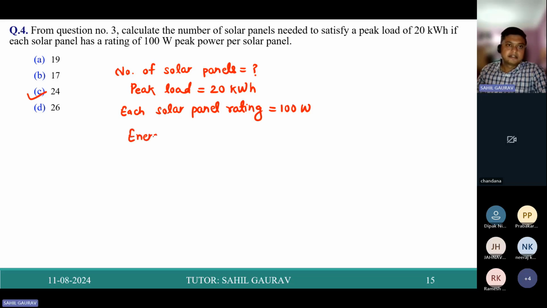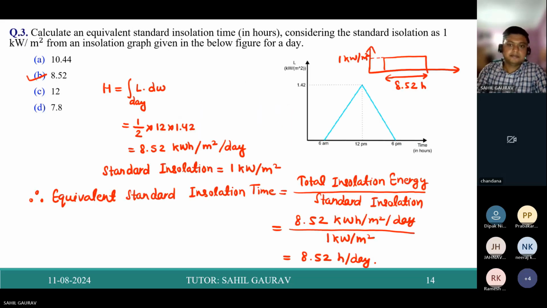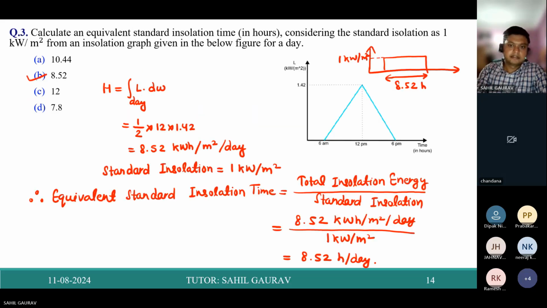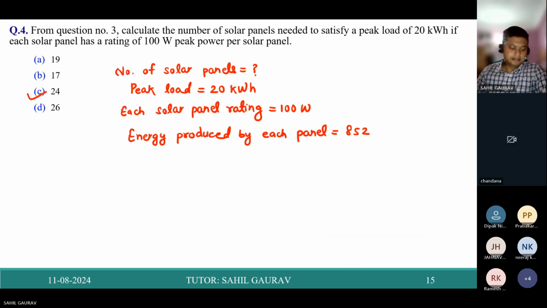From the last problem, we have found that the energy produced by each panel is 8520 watt hour per panel. So we can write that the number of panels equals the total energy required upon the energy produced by each panel.